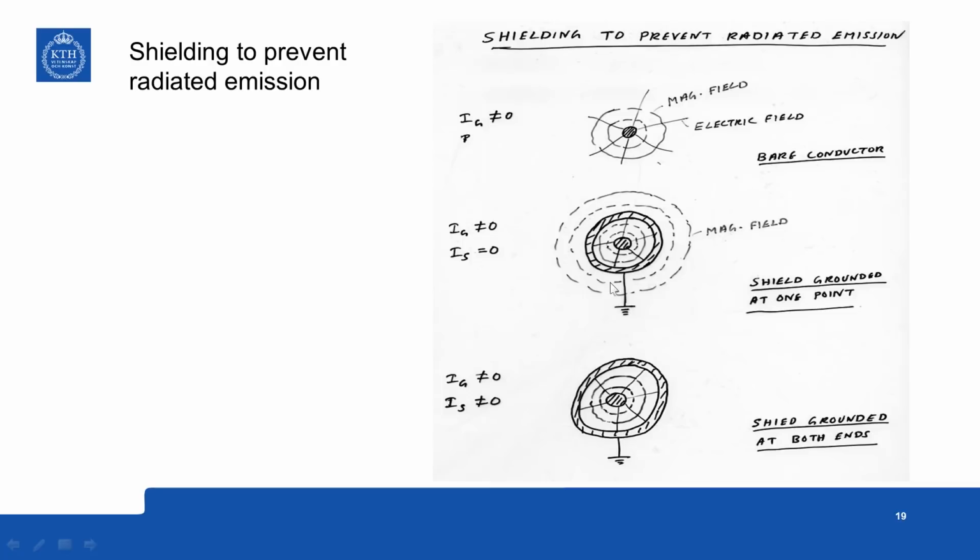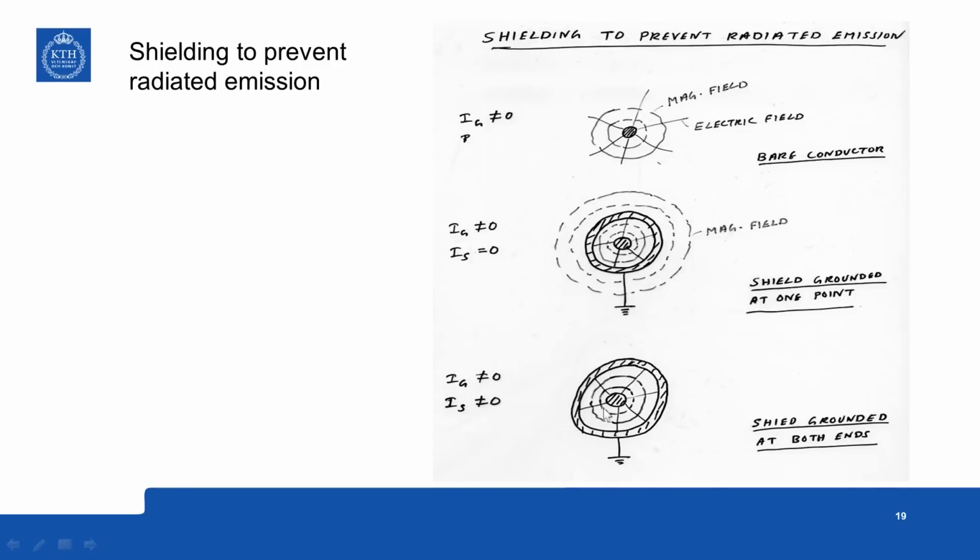Now suppose you have a shield and at least one end of the shield is connected to the ground, then all the electric field lines are terminating on the shield, so you don't have any electric field emission, but you still have magnetic field emission. So shield current is 0, even though the generator current, here the generator is now this inside conductor, that is not 0.